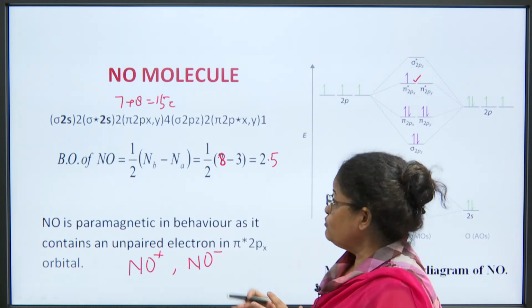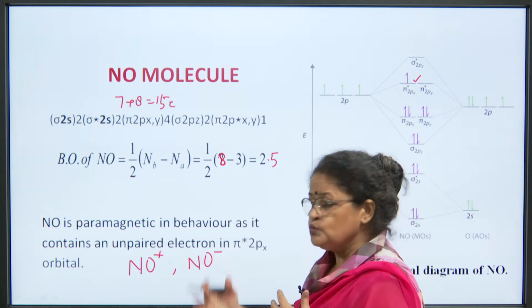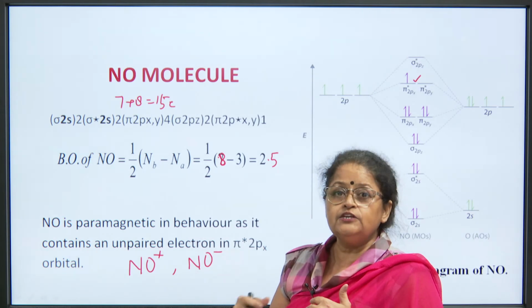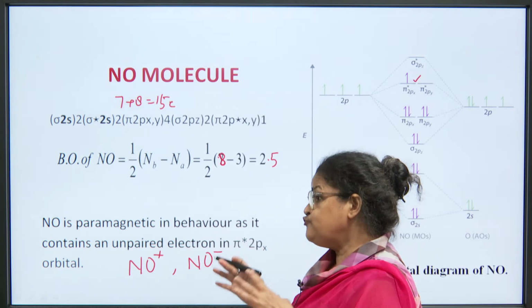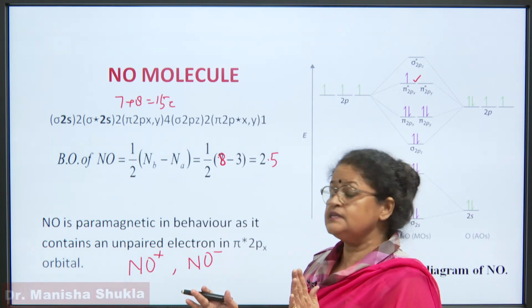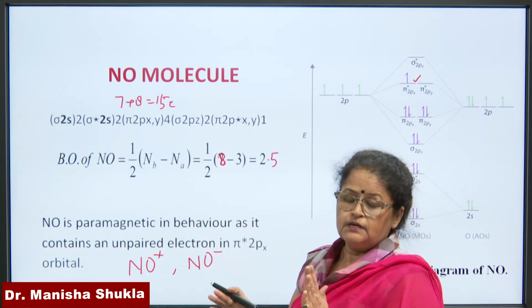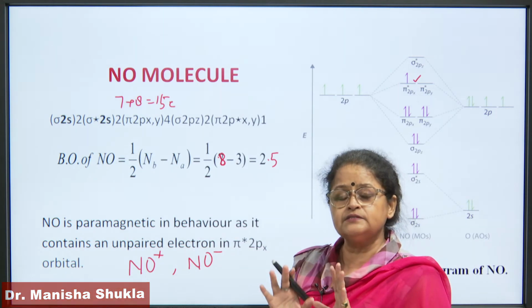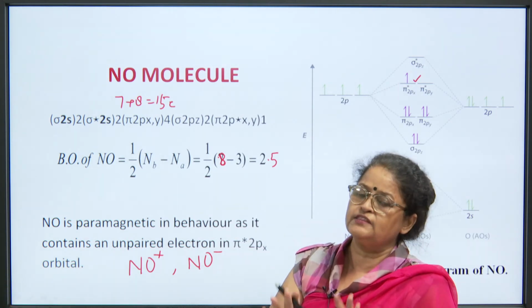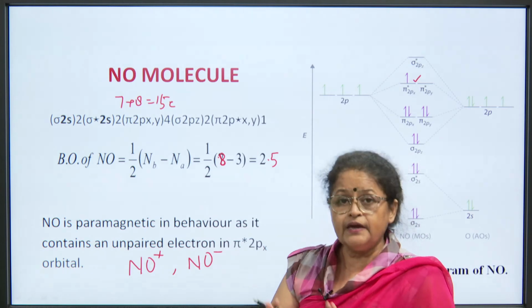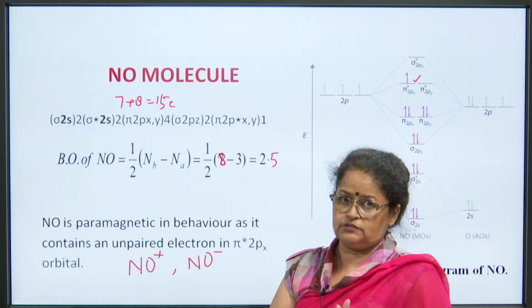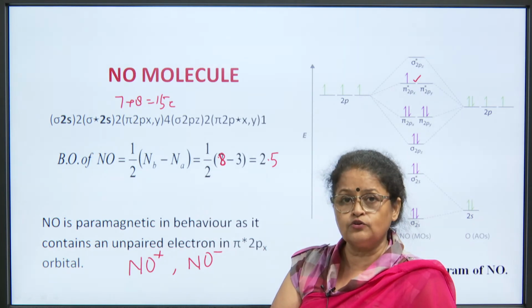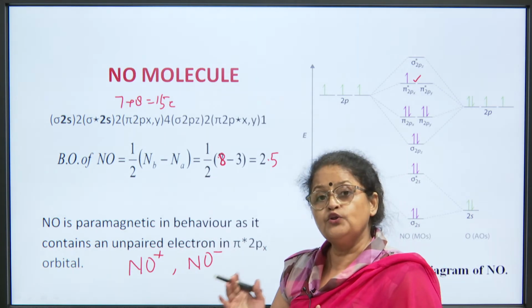But while writing the electronic configuration or drawing the MOD, it will follow the same sequence as its parent. The sequence is maintained in the same manner as the parent molecule, and the parent molecule is NO, which has 15 electrons.